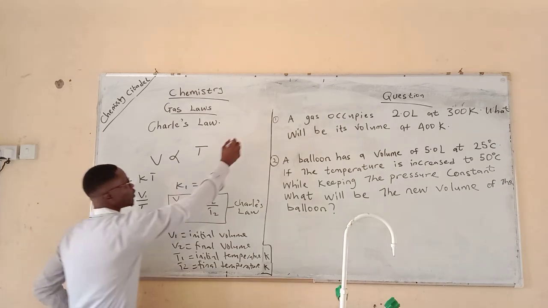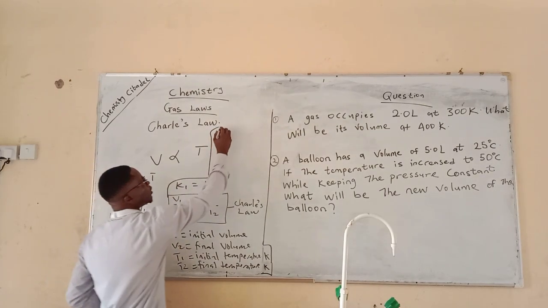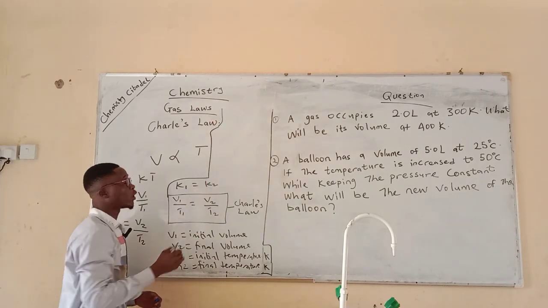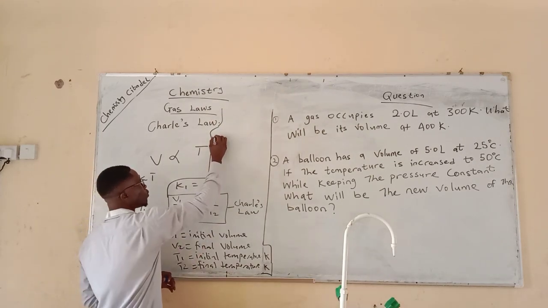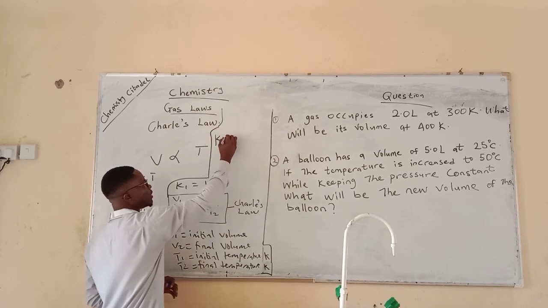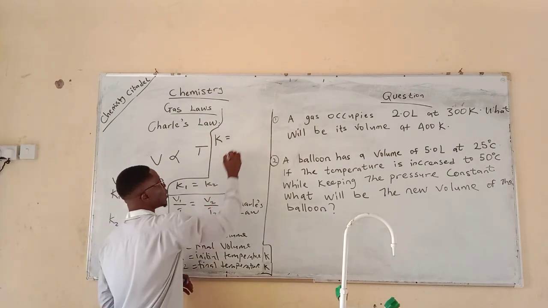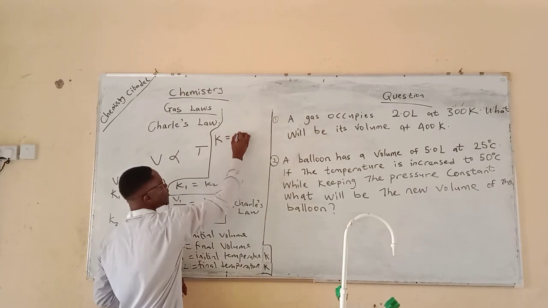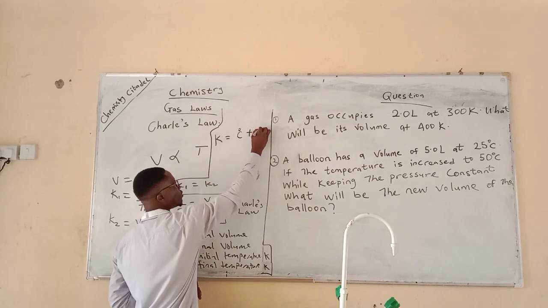And the formula you have to use when converting from degrees Celsius to Kelvin is that when I want to convert any degree Celsius number to Kelvin, I'll use the number of the degrees Celsius plus 273.